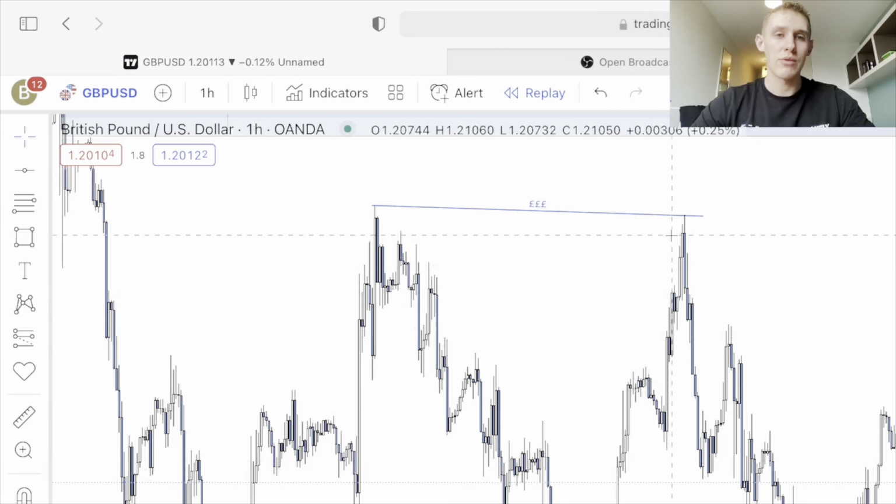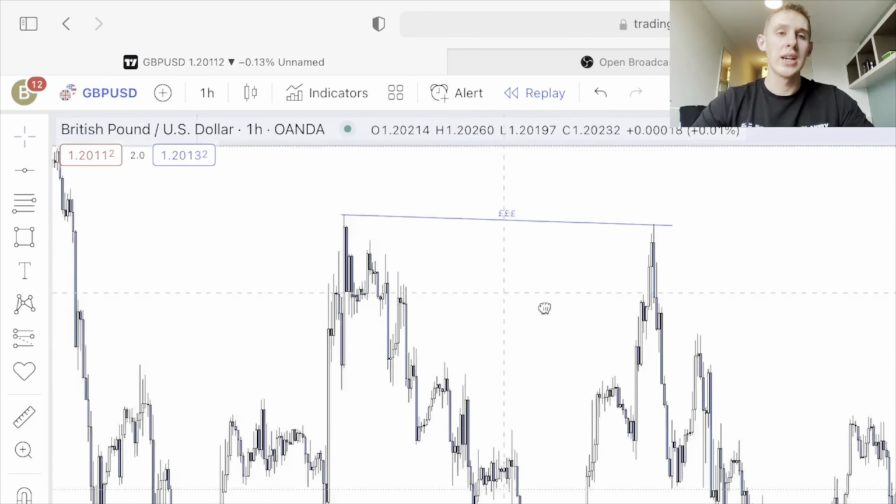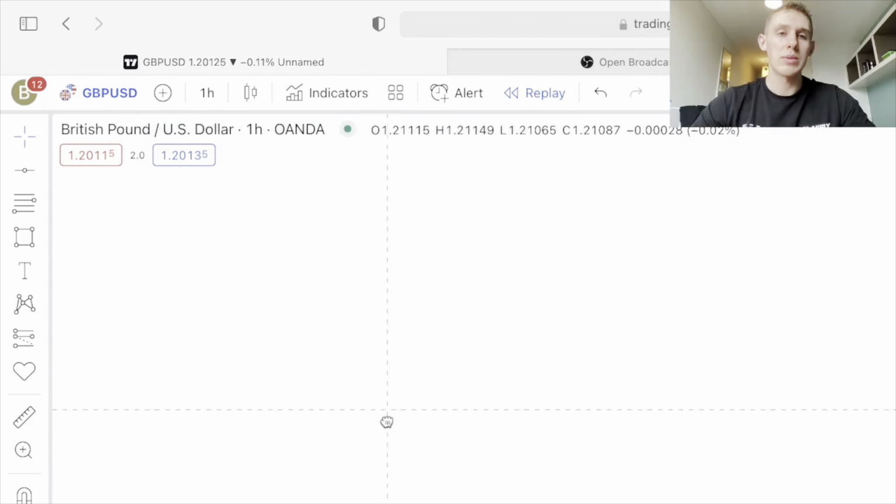Price comes up and retests, and once it has come above all of these wicks, it then just stops and makes its move back down because it has taken liquidity, and that's basically the purpose of the move that it just made. So 4 types of liquidity.